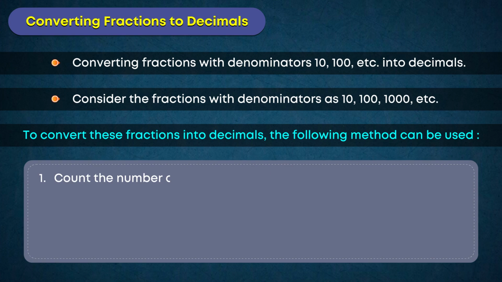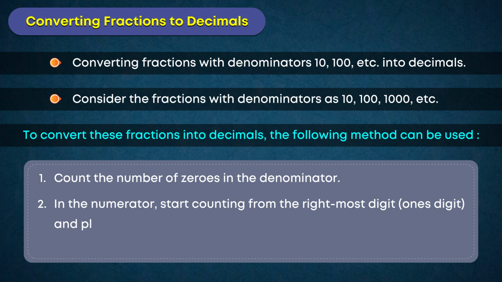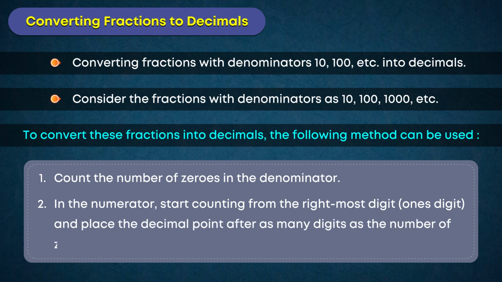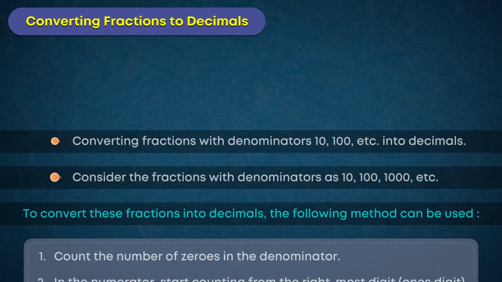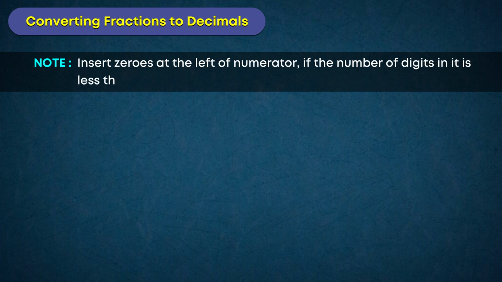Count the number of zeros in the denominator. 2. In the numerator, start counting from the rightmost digit, the ones digit, and place the decimal point after as many digits as the number of zeros in the denominator. Note: insert zeros at the left of the numerator if the number of digits in it is less than the number of zeros in the denominator.